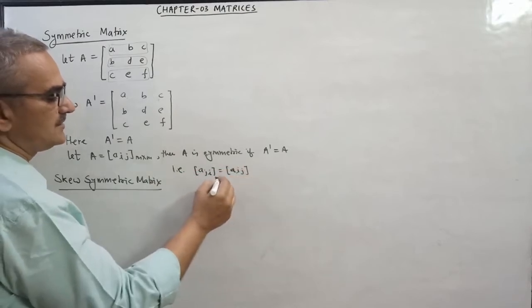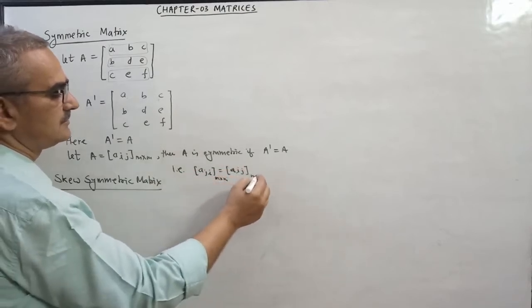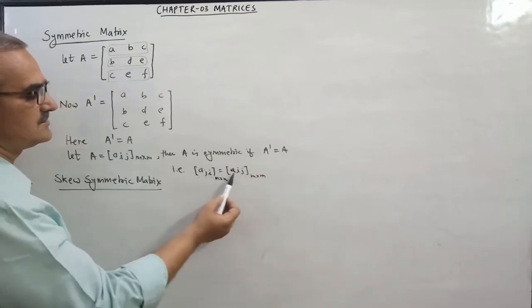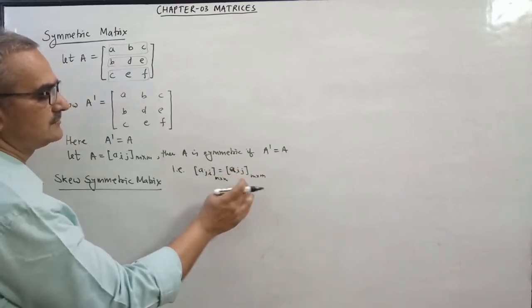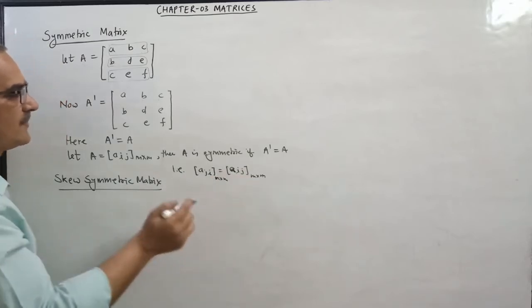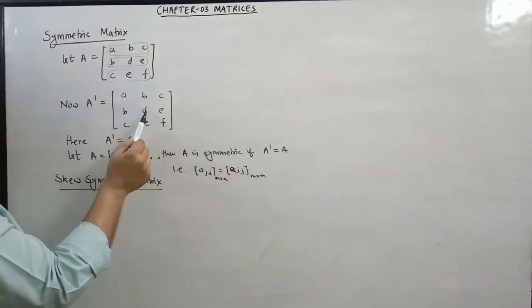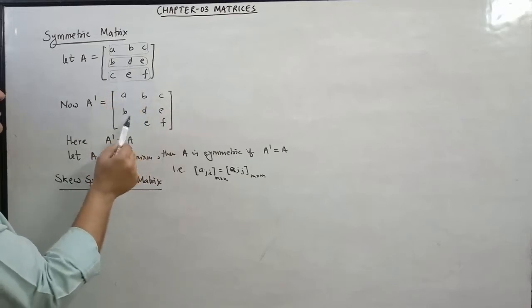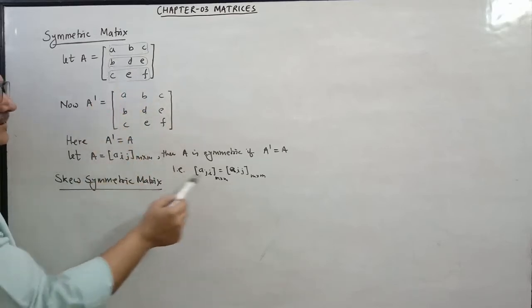Okay, what are you seeing here? That the jith element of this matrix is equal to the ijth element of this matrix. Okay, here you are seeing that this D and D, they are same. Okay, B and B are same in this way.